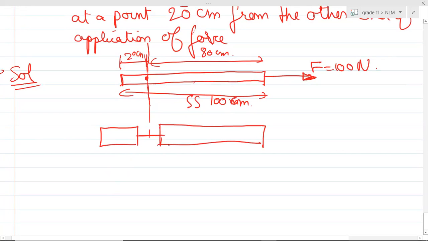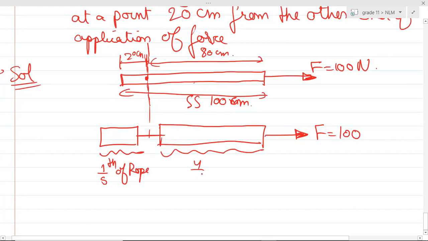Yes or no? So basically what you can do is just say that, sir, I have cut 20 centimeter, that is the 1/5 part of the rope. Is this the 1/5 part of the rope? Yes or no? And is this the 4/5 of the rope? Yes or no, guys? Yes sir.